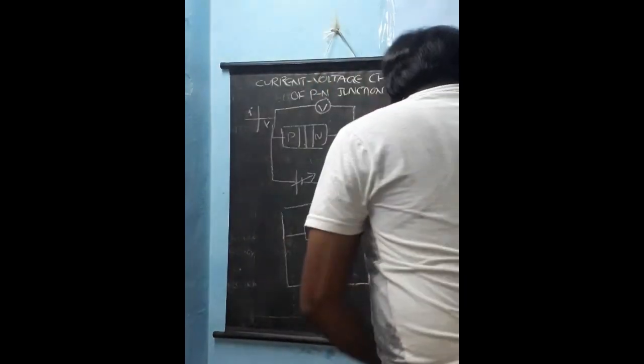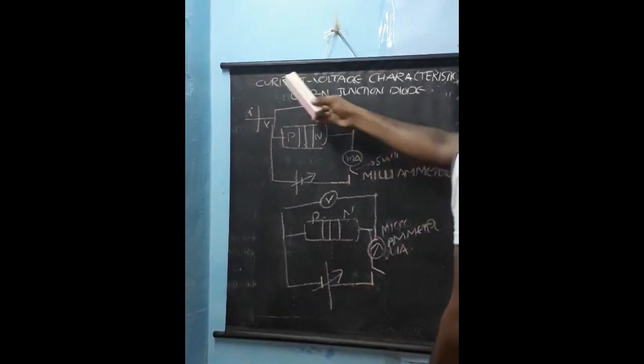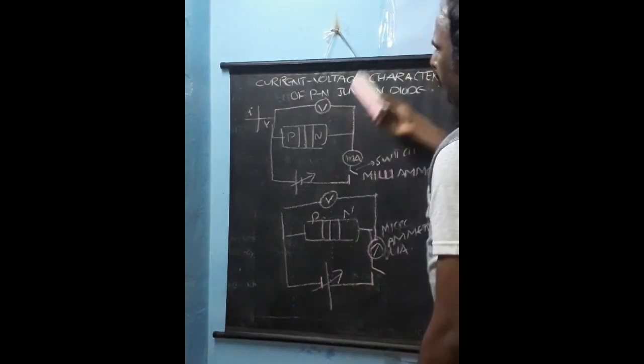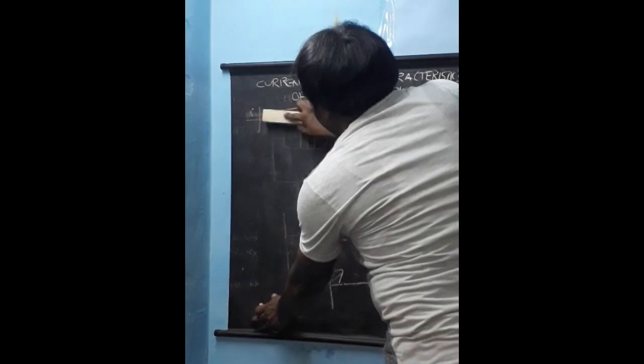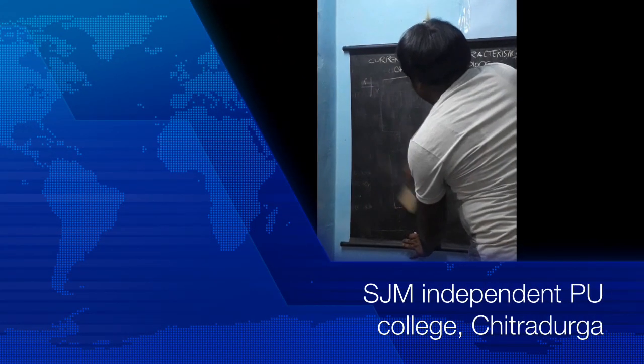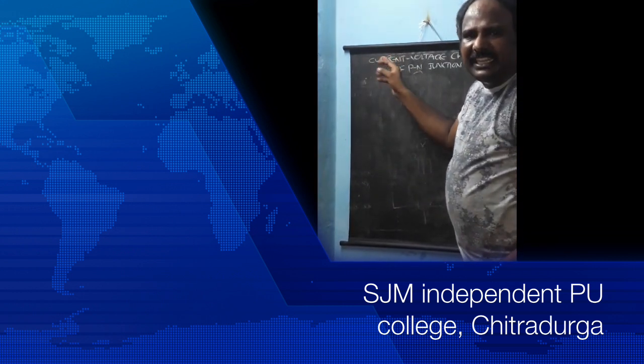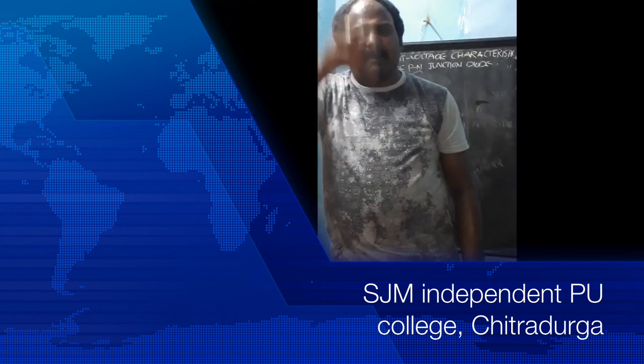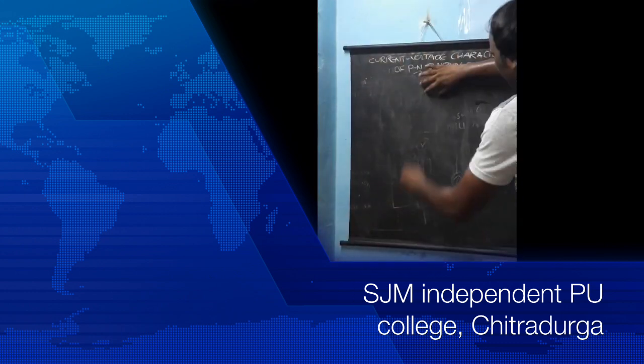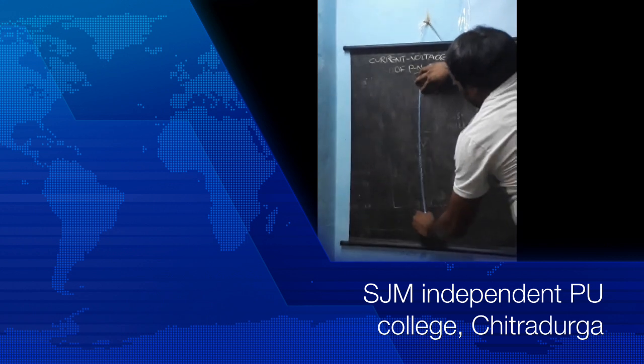Now, coming to the current voltage characteristics of a PN junction diode. So we are going to draw a graph. Already we told, current voltage characteristics is nothing but a graph.